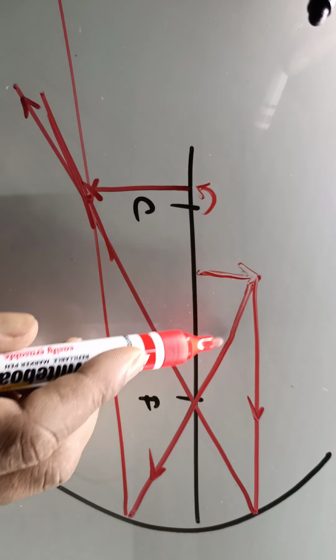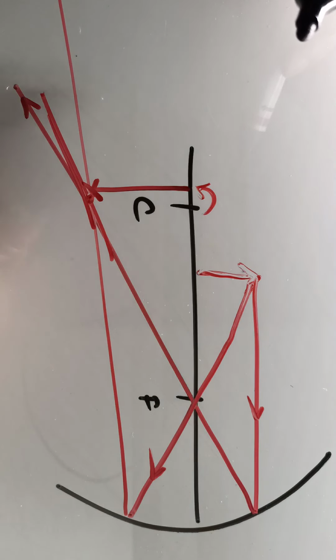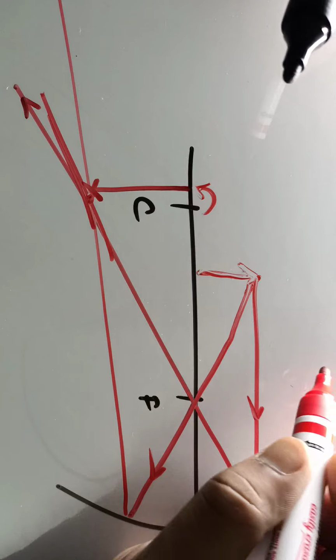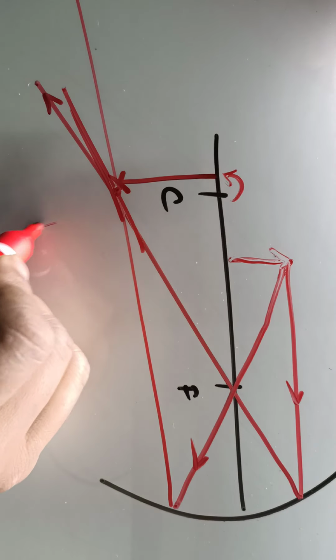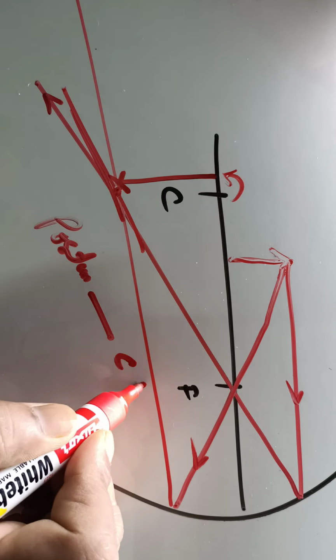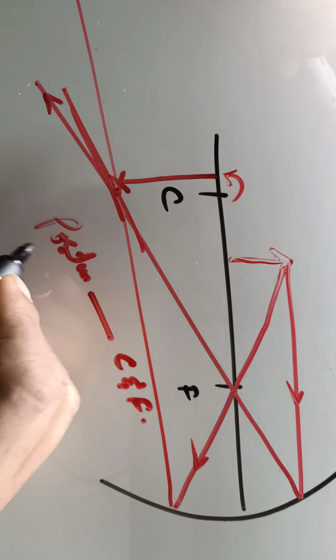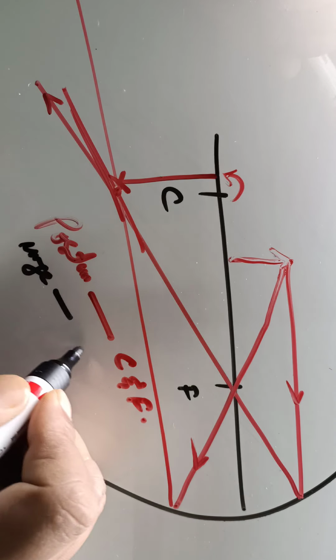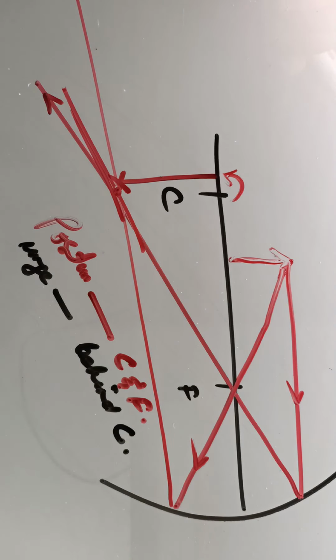A ray of light which passes through the focus becomes parallel to the principal axis. So now, what is the position of the object? The position of the object is between C and F, right? And what is the position of the image? The image is formed behind C, right?